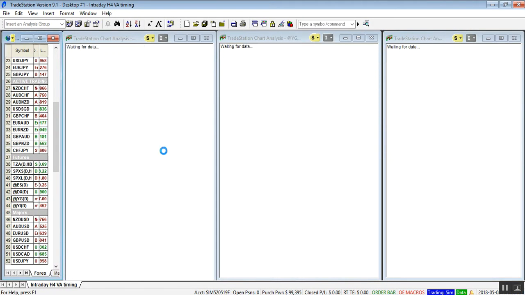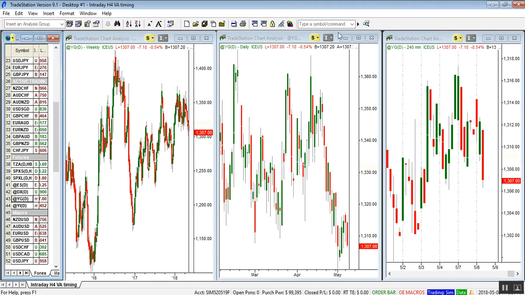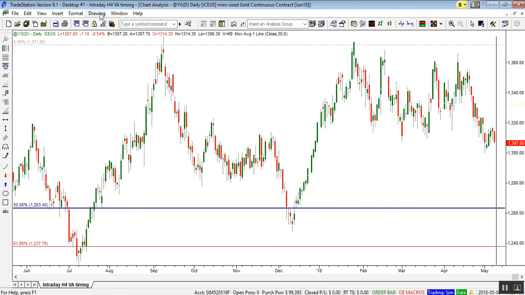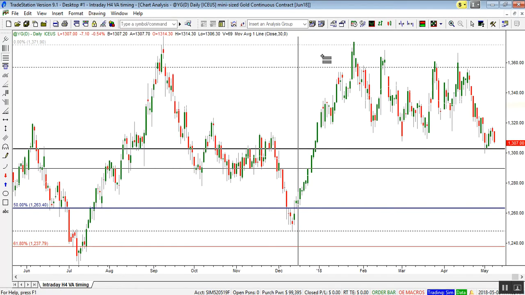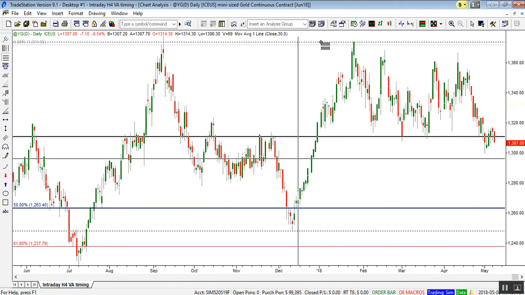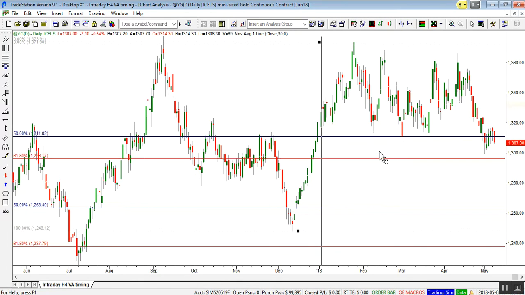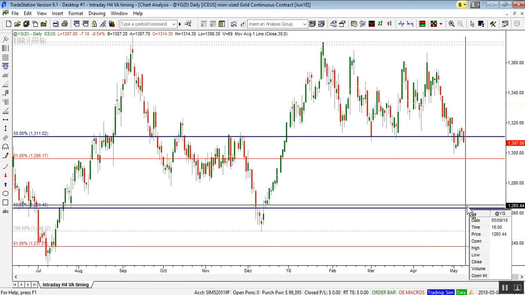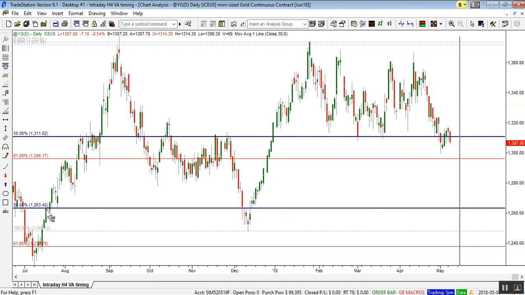Gold has been challenging that 1311 area and is still doing that. We know that once this market gets below the 1311 and below the 1296, we're going to see a retest of 1263 eventually.